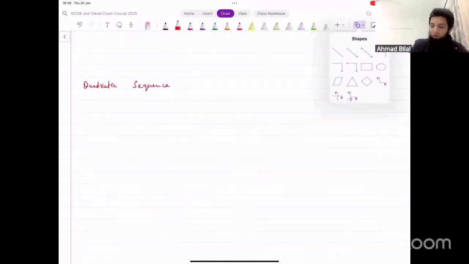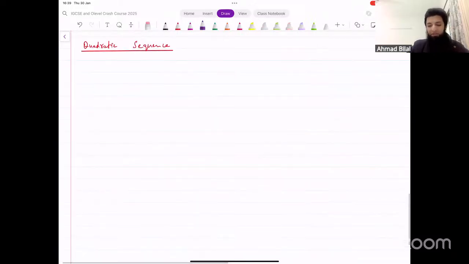Now, what do quadratic sequences look like? Let me write down a sequence here that looks like this.